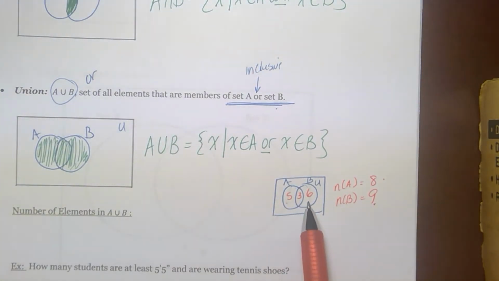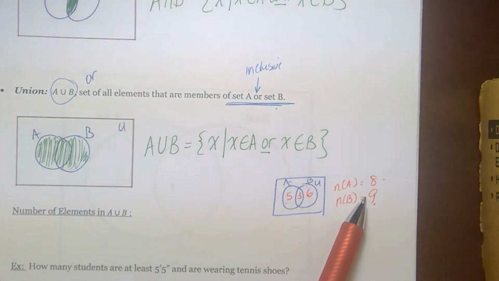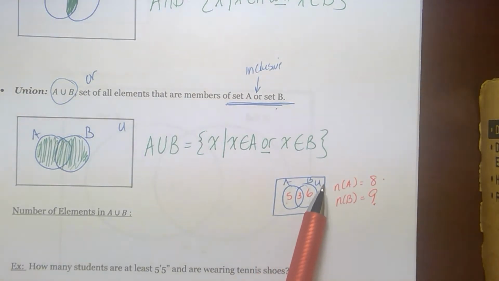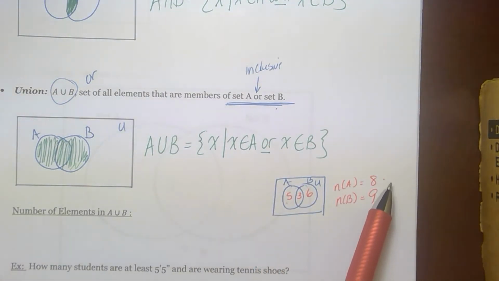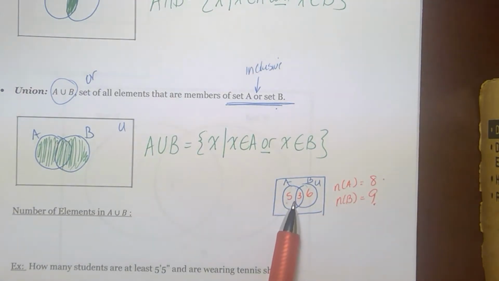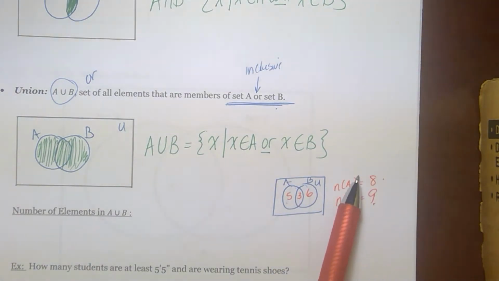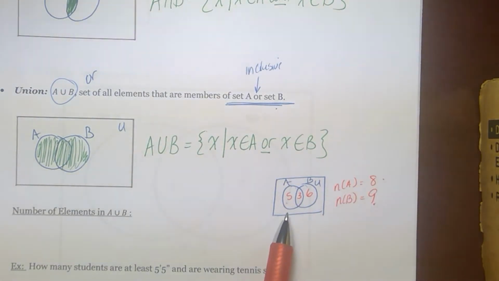If I look to see how many people are represented in my diagram, I've got 5 plus 3 is 8 plus 6 is 14. But if I add up these two numbers, I get 17. Well, the difference between 14 that's showing here and 17 that's showing here is that we, over here, where we just looked at the cardinal numbers, we counted that 3, that intersection, twice.